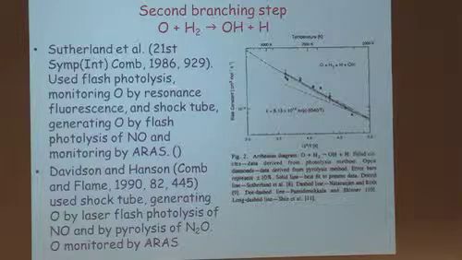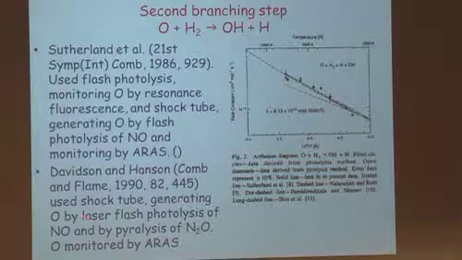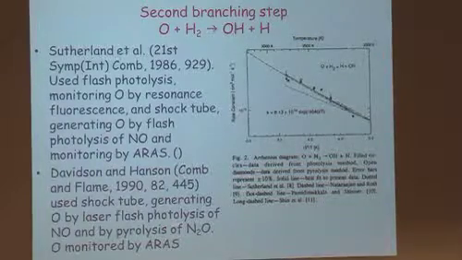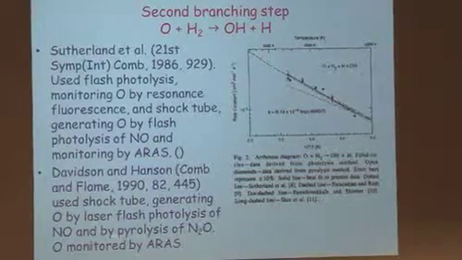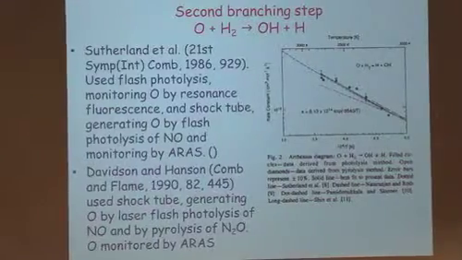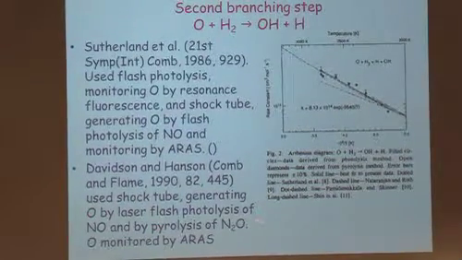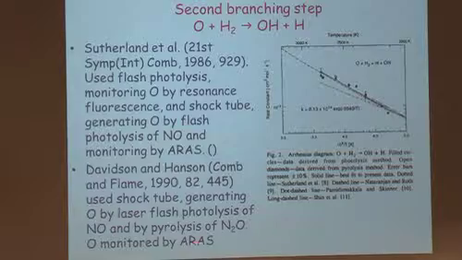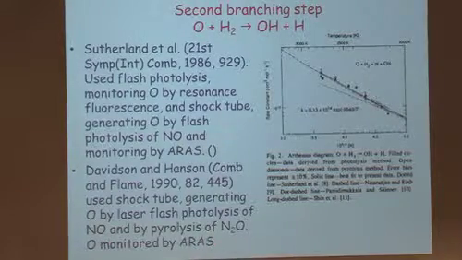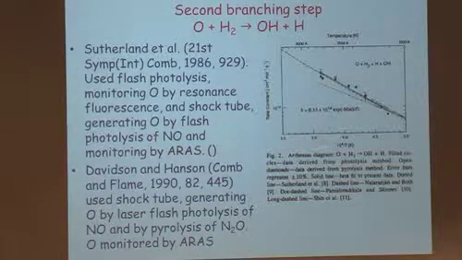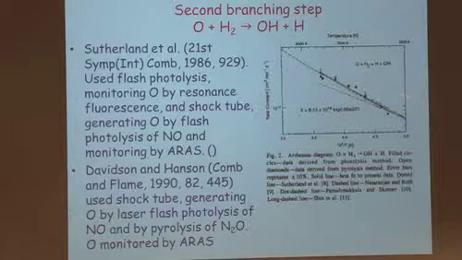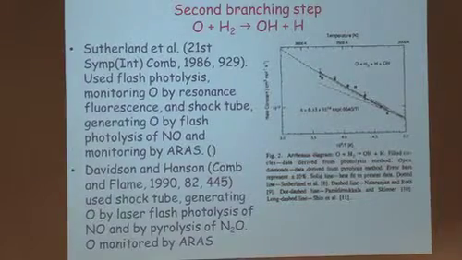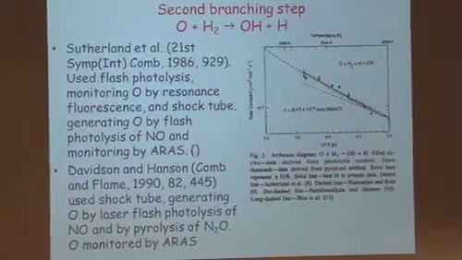And so there's the reference to this paper, and then a paper by Davidson and Hansen and the Stanford shock tube, generating O again by laser flash photolysis of NO and pyrolysis of N2O, and O monitored by atomic resonance absorption spectroscopy. So these are interesting shock tube measurements using pulse photolysis also to generate reactive species.